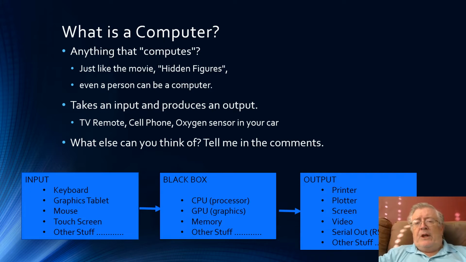You can use serial output, which is RS-232, just two twisted pair. You can use that to drive other devices or to send out information. And again, there's all kinds of output devices.